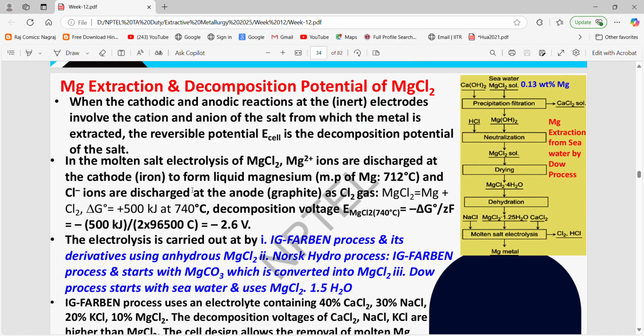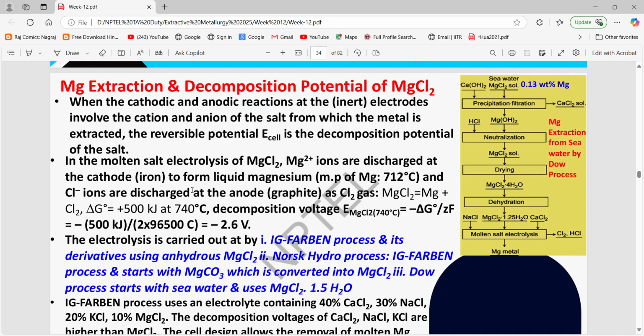Then this MgCl2 is subjected to the molten salt electrolysis process for the recovery of magnesium metal via electrodeposition. The salt generally used during the molten salt electrolysis is NaCl for the recovery of magnesium from this MgCl2.